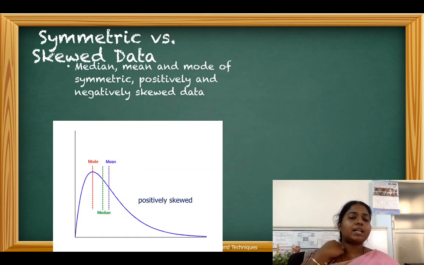Now this is an example of positively skewed data, where the mean is 70. Imagine with our example, the mean is 70, but you have a lot of people below the average 70, and you get the value 70 as average because there are 4 or 5 students whose attendance is 95%.